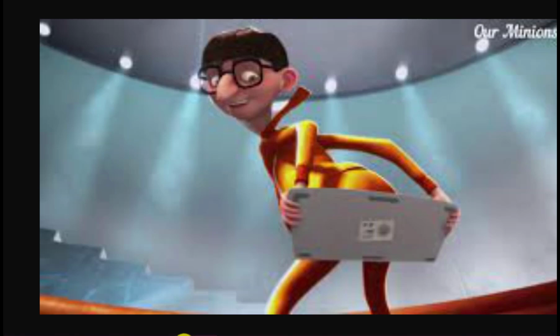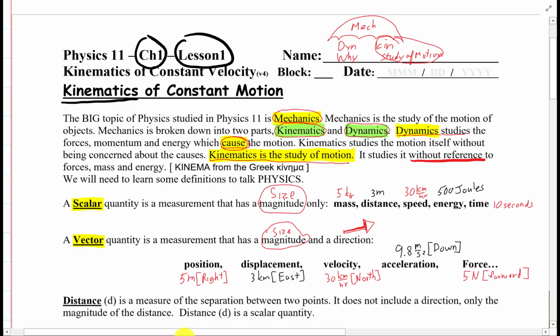Yeah? What's his name? Vector, yes. So here's Vector committing crimes with magnitude and direction.